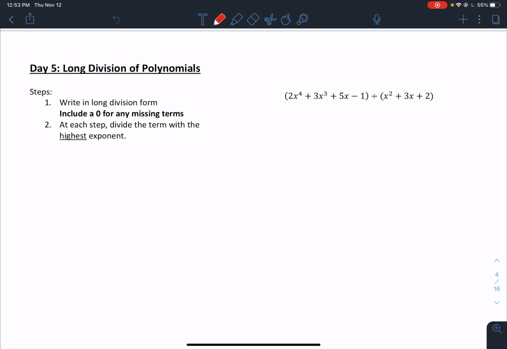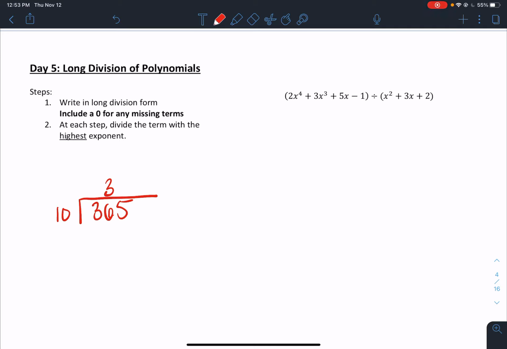So just like when you did long division of a regular whole number, let's say 365 divided by 10. You would say 10 doesn't go into 3, but it goes into 36 3 times.